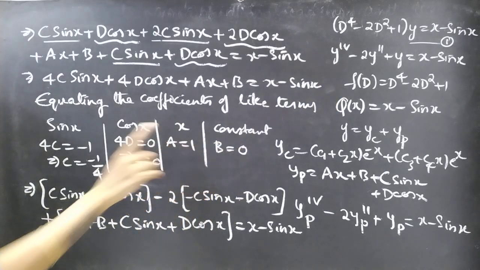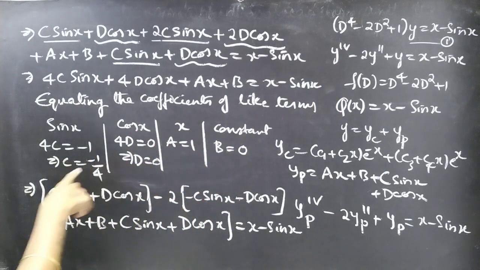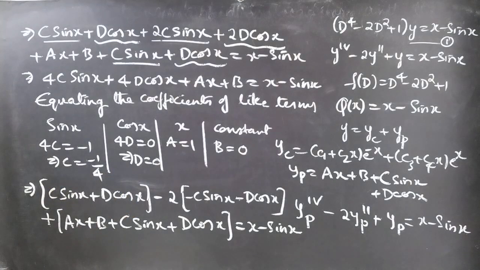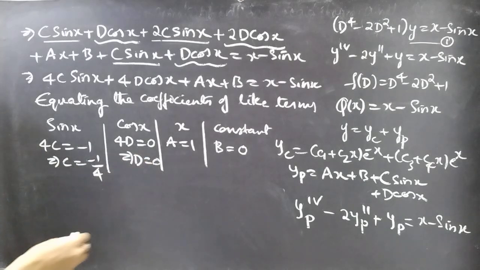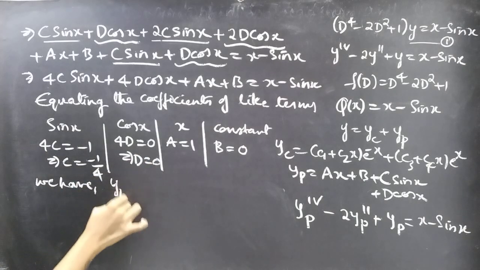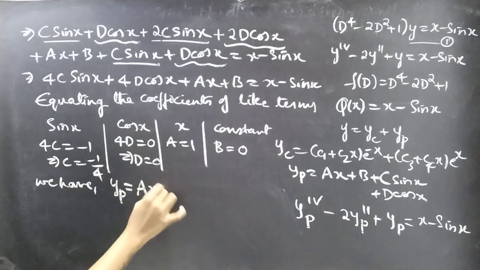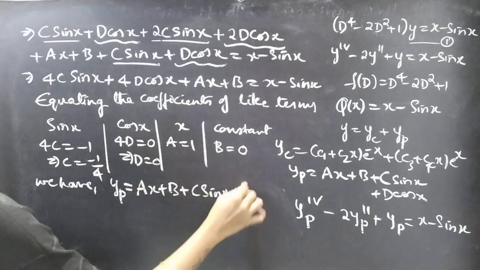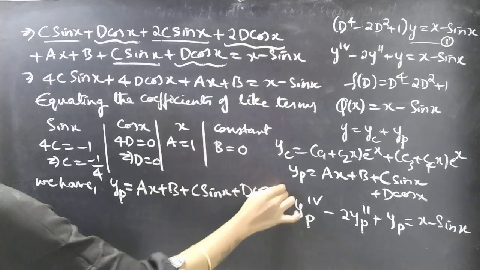We got a equal to 1, b equal to 0, c equal to minus 1 by 4 and d equal to 0. We got the values of unknowns. Okay, here a, b, c, d are undetermined coefficients and we got the values of it. Now substitute all these values in yp. We have yp equal to ax plus b plus c sin x plus d cos x.